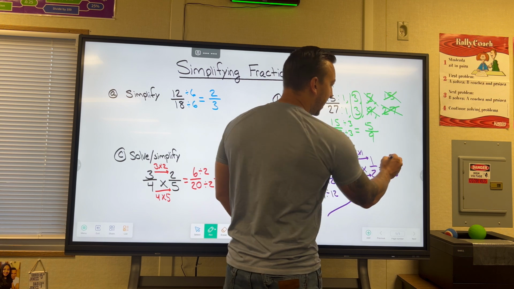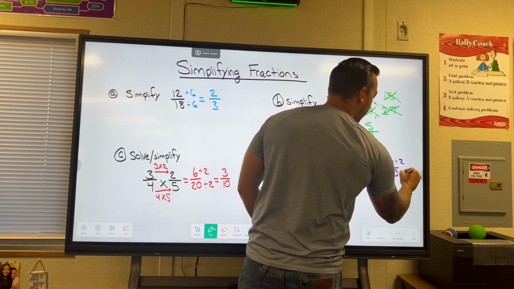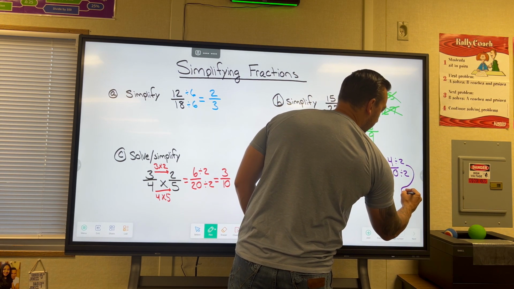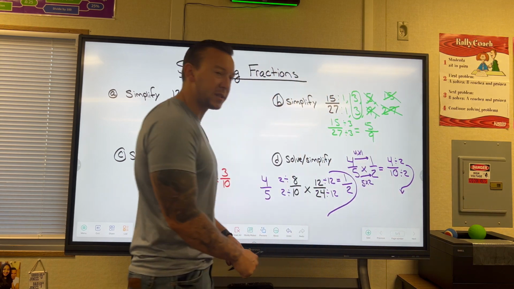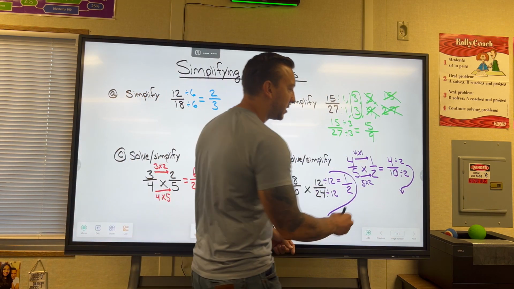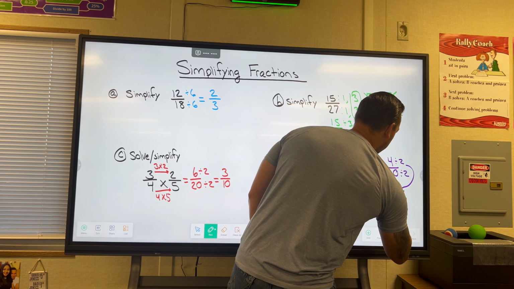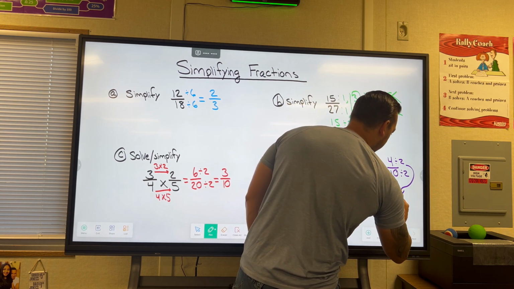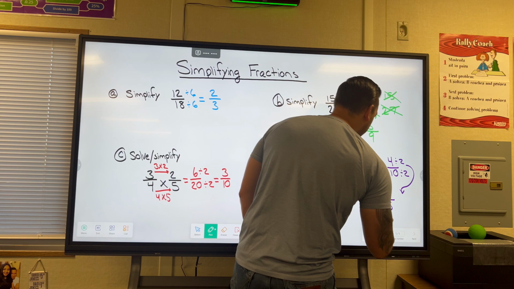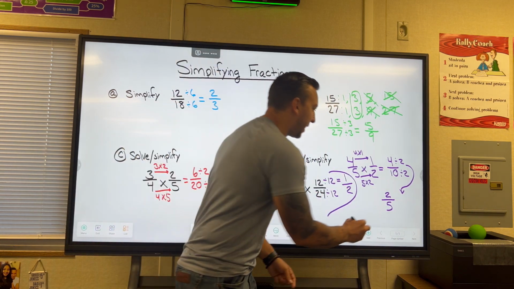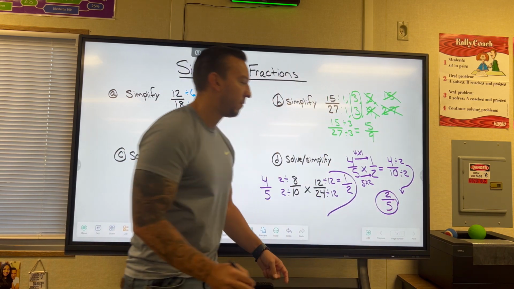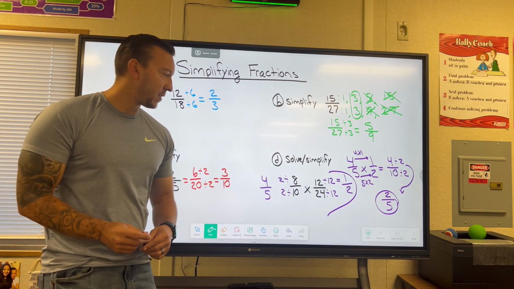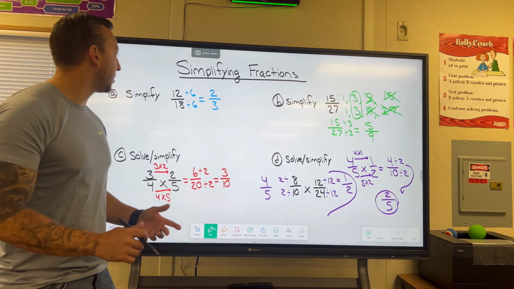And when we divide 4 by 2 and 10 by 2, let's bring this right here. This is a long one. 4 divided by 2 is 2, and 10 divided by 2 is 5. So our final answer here is 2/5.